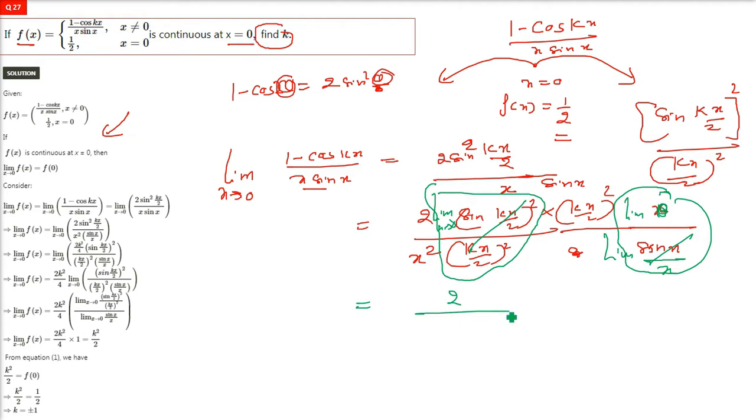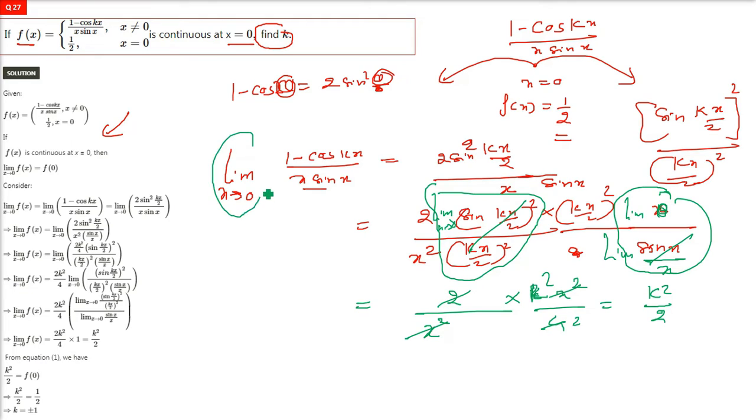What is left is 2, this x square, and we already multiplied by (kx by 2) whole square. Opening it, k square x square by 4. Now x square gets cancelled, 2 twos are 4, and k square by 2 is what is left with us.